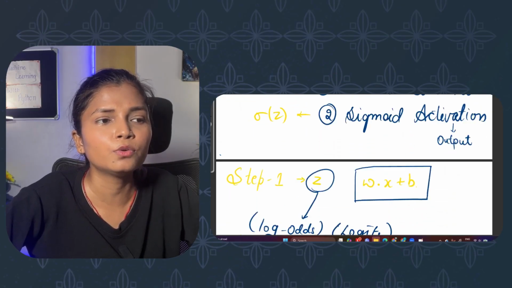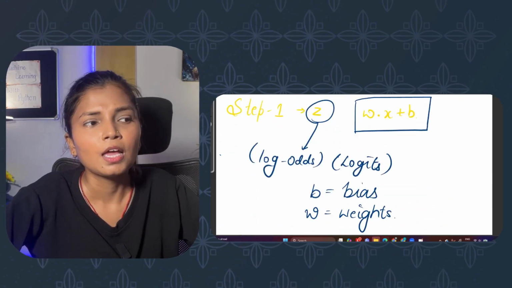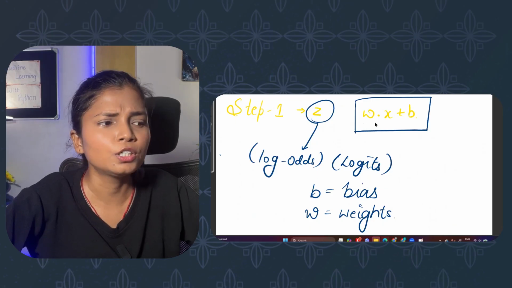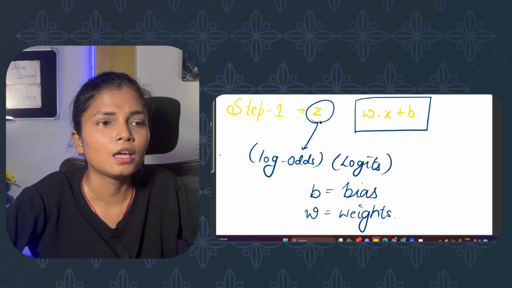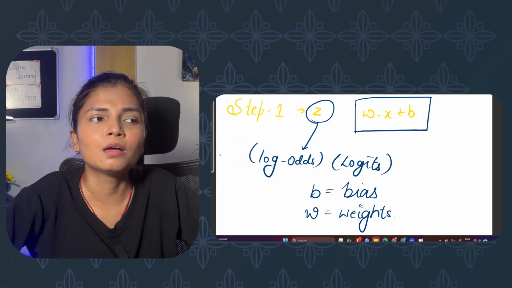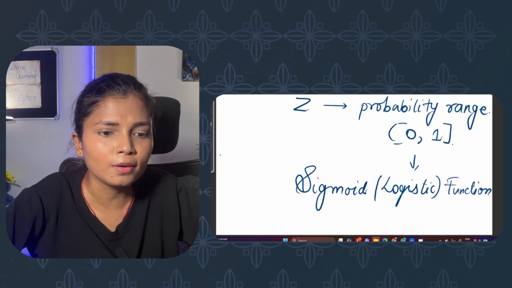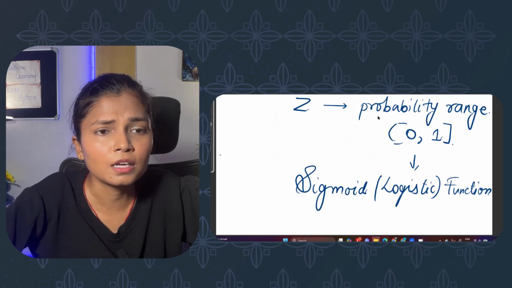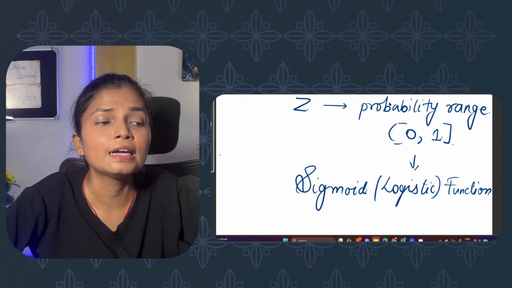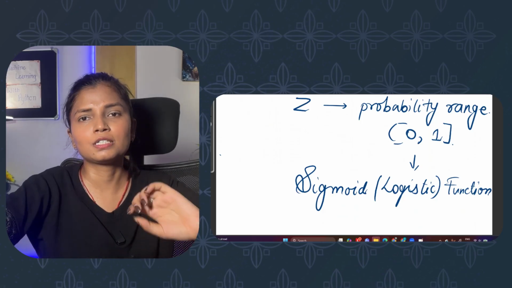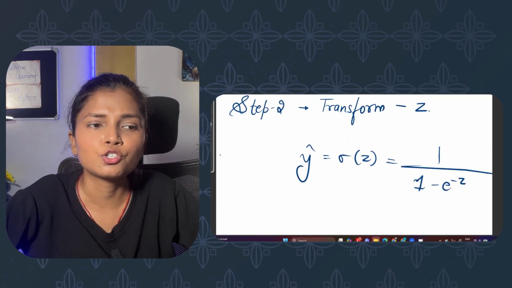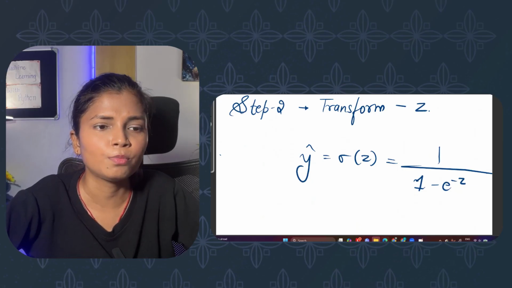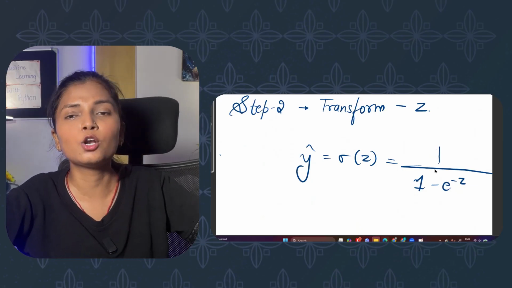Linear combination is w times x plus b, and z is nothing but the logit, or log odds. b is bias and w is weight. Then our target is to get the probability range, which is 0 to 1. So we apply the sigmoid logistic function, and the sigmoid activation function is just to transform z. To do that, we have a function which is 1 divided by 1 plus e to the power of minus z, and this is the logistic function.